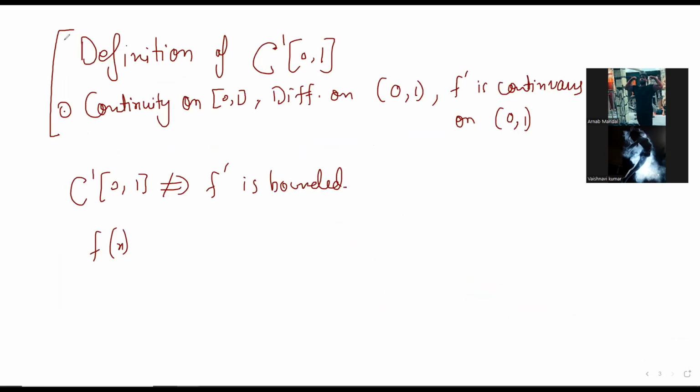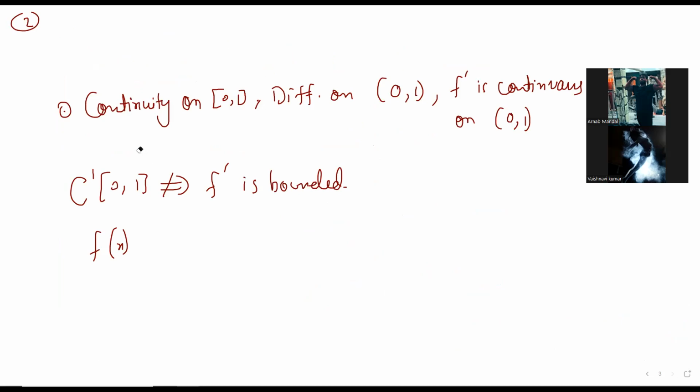Okay. Now this is a different problem. Here we are saying that, maybe I will not say this anymore, otherwise it will be a confusion. I'm just saying continuity on this and so on. So now does it imply f dash is bounded? Is it clear, the question?